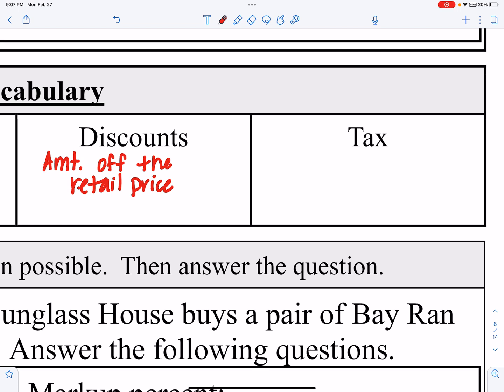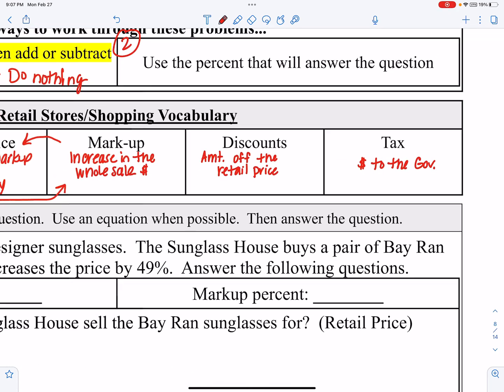Now, something else you're familiar with is there are taxes on things. And taxes just mean money to the government. And these are for things like road repairs and things like that, things around the community that your local or state or federal government are taking care of. So they use taxes to pay for those things.